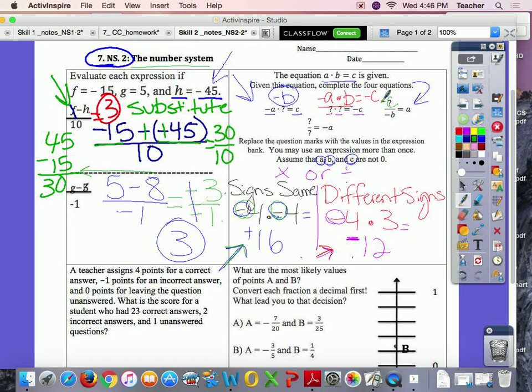So go ahead and try the last one and see if you can get it. We know we have to use which letters? We already used A. So we're going to use a B divided by a C. But our quotient has to be negative again. So what has to happen?